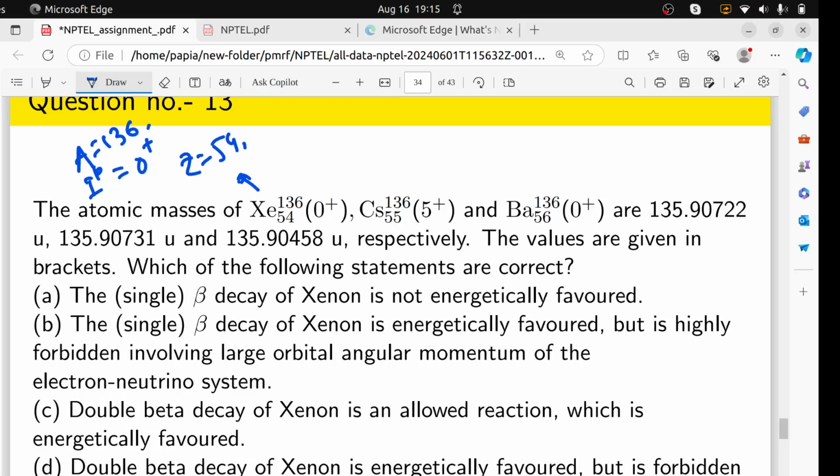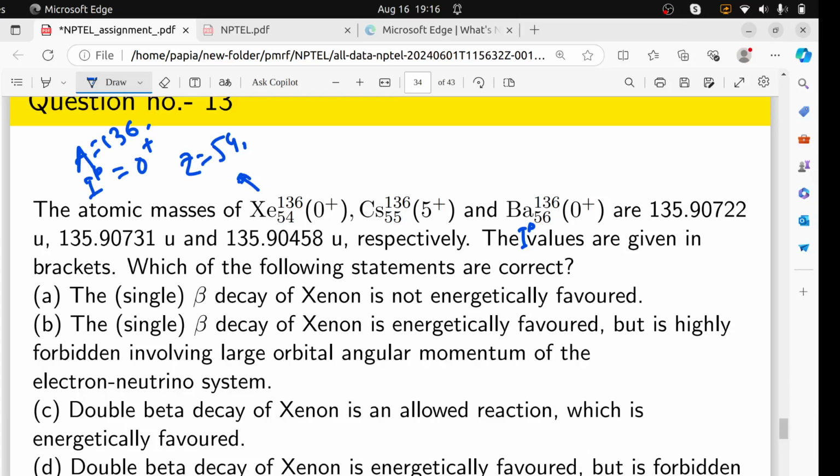Cesium this one and barium this one, the atomic masses are given here as this and this respectively. The values are given in the brackets. Oh, actually it will be I^P values. The I^P values are given in the brackets, as I already told you. Which of the following statements are correct? Okay, very good.